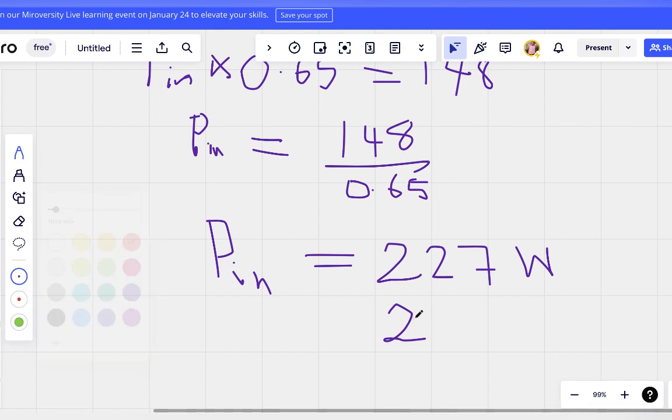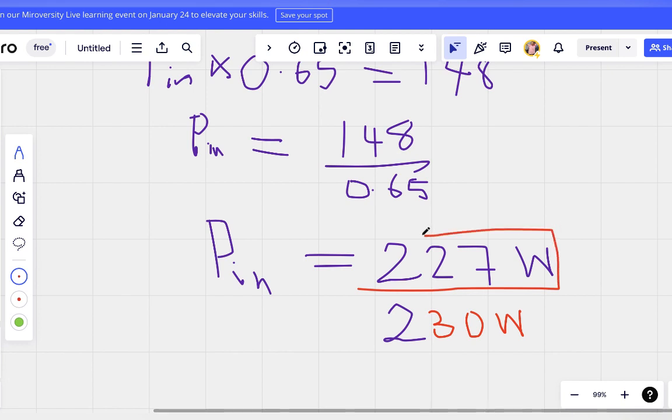They normally round to the nearest 10, sometimes the nearest 100 or 1000, depending on the value. Since this is in hundreds, they round it to the nearest 10. So whether you write 227 or 230, you are still correct, okay?